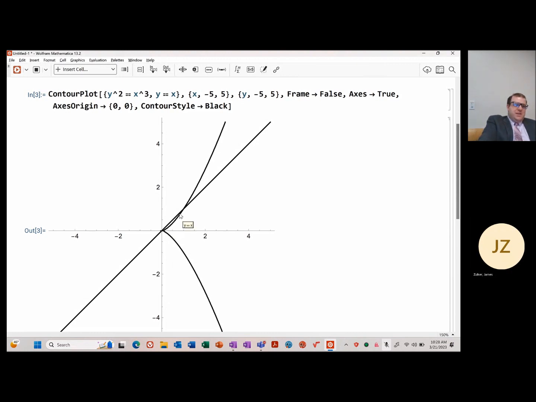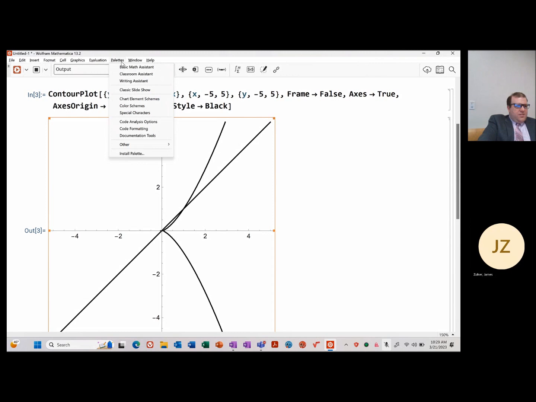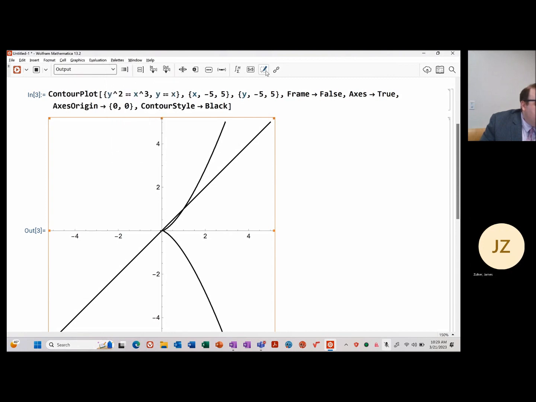So our region is this little bit in here. I thought there was a way I could actually get the point.